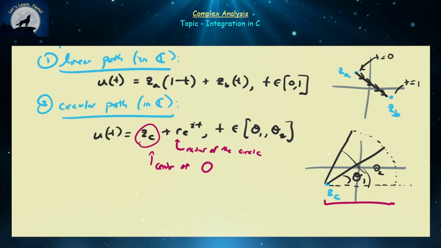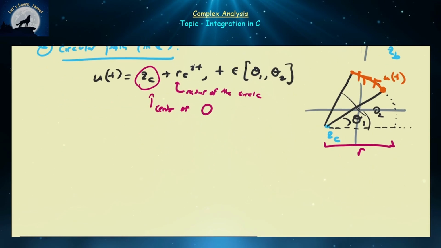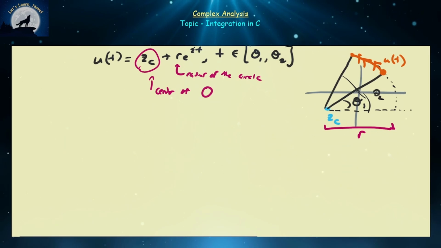So this distance right here will be r. And what u of t traces is from here to here. So this is u of t, and this right here is your u of t for our linear path. Those are going to be your common parametrizations. Yes, you can parametrize several other curves, but these are the two most common ones you're going to be dealing with in the complex plane.